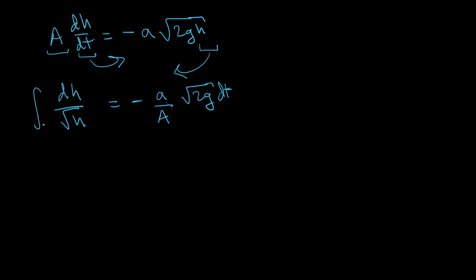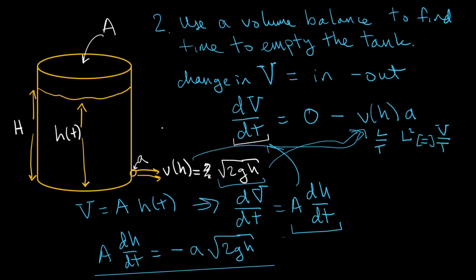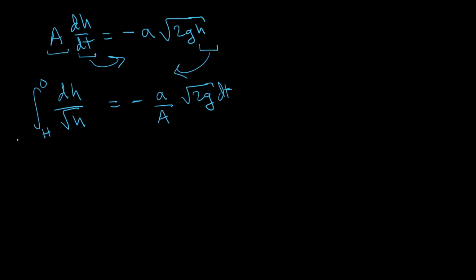So let's integrate this. We're going to integrate from h equal to capital H to 0. If you remember from our diagram, our height at time equals 0 is this value capital H. And we're integrating the right-hand side of this equation from 0 to t. When we do the integral, this is h to the minus 1/2, so that'll turn into h to the 1/2 times 2, which again, we're evaluating from capital H to 0.